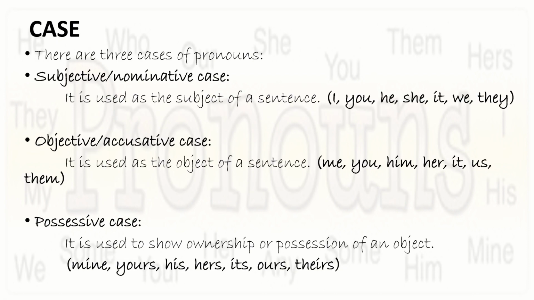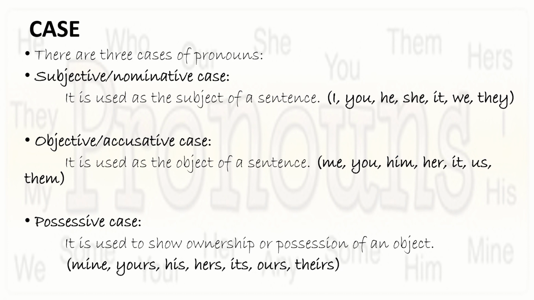Now we have come to the third and the last category of pronoun, that is the case. For case, there are three different cases, alright? One is the subjective or the nominative case. The second is the objective or the accusative case. And the third is the possessive case.